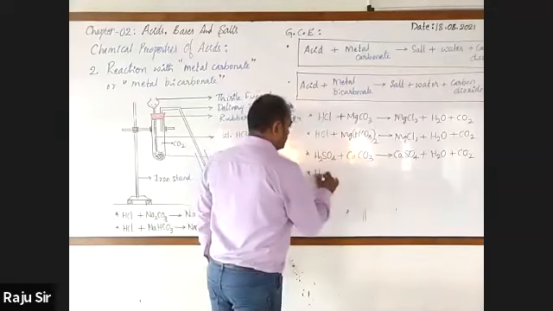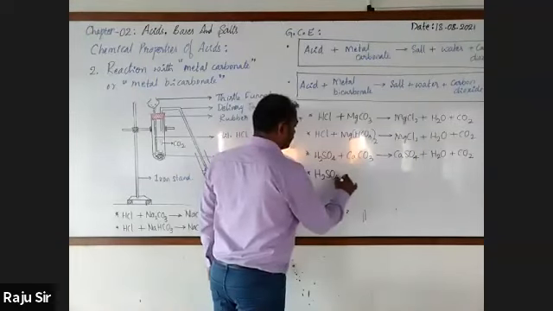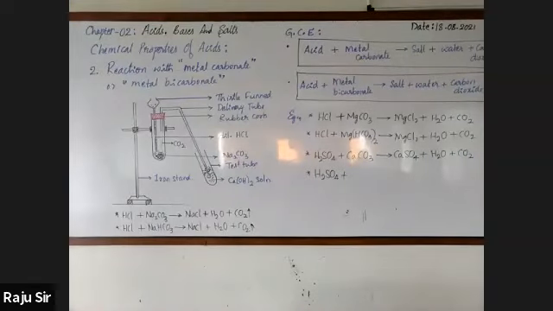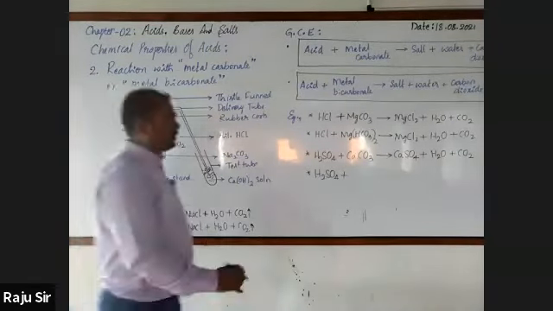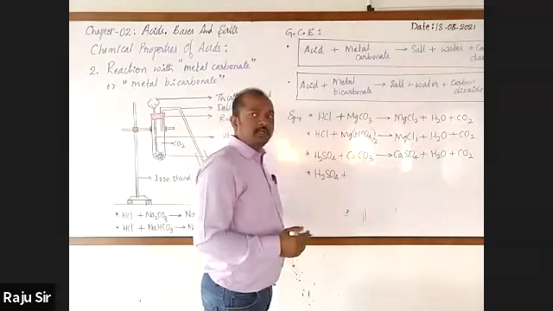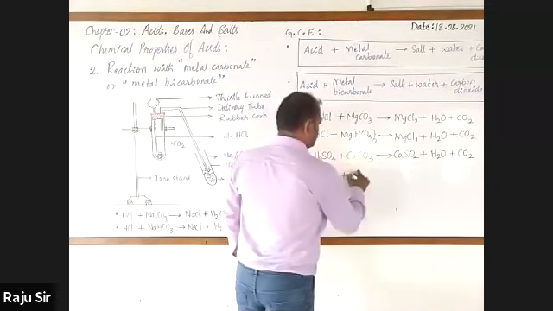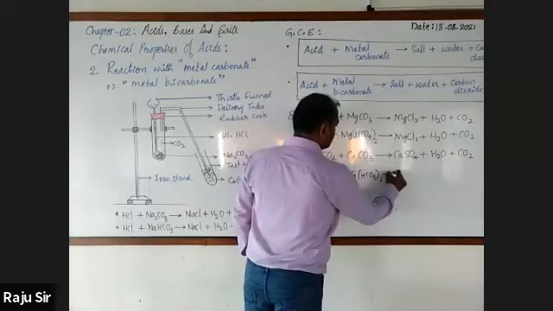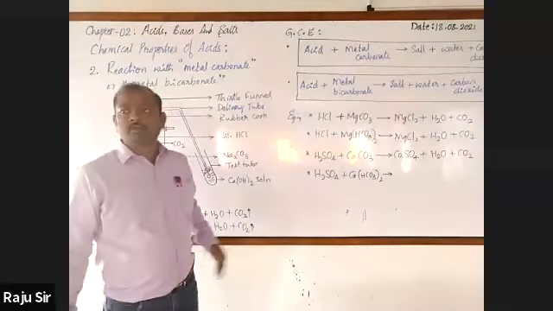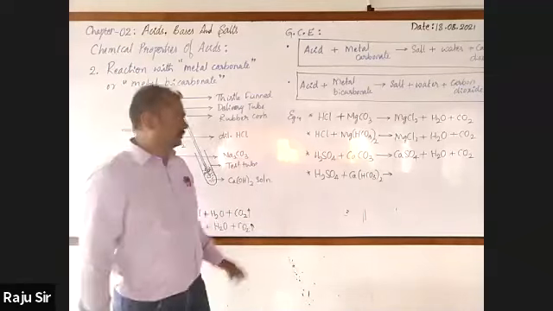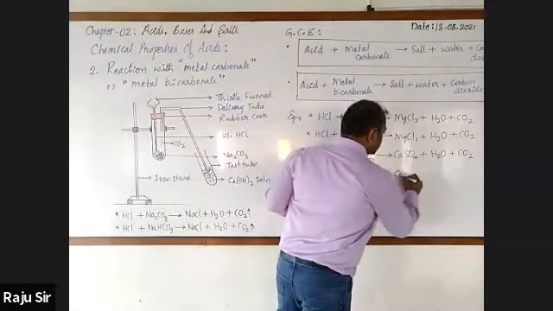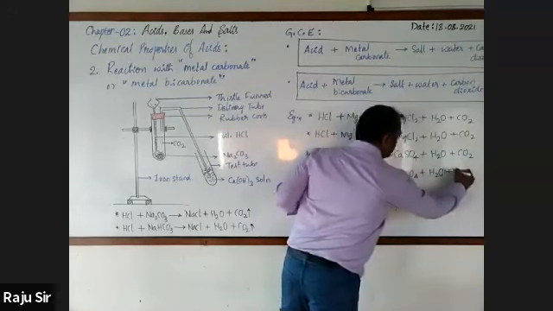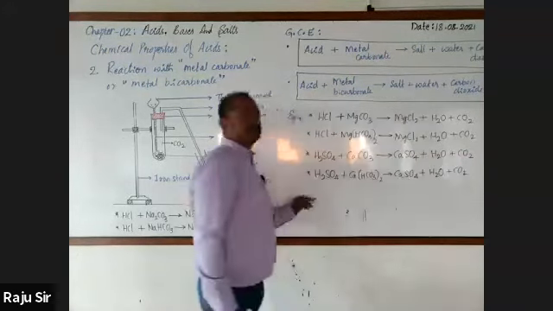Right. H2SO4 plus calcium bicarbonate, Ca(HCO3)2. Compounds that are formed: CaSO4, calcium sulfate, plus water, H2O, and carbon dioxide, CO2.